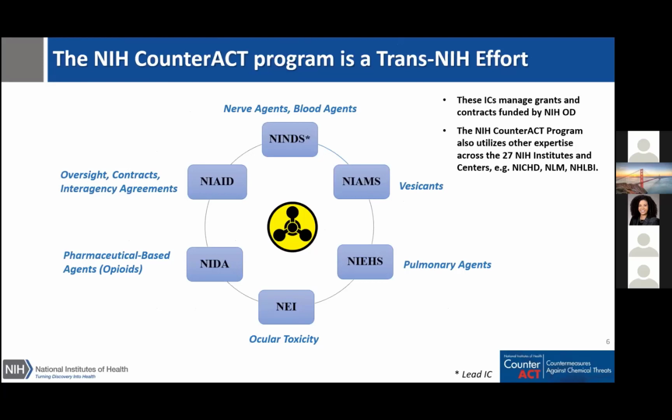These other institutes include NINDS, National Institute of Neurological Disorders and Stroke, National Institute of Arthritis and Musculoskeletal and Skin Diseases, National Institute of Environmental Health Sciences, National Institute on Drug Abuse, National Eye Institute, and NIAID, or National Institute of Allergy and Infectious Diseases, that provides oversight and manages the contracts for us. Each IC has a program officer assigned that can help you with specific scientific questions.